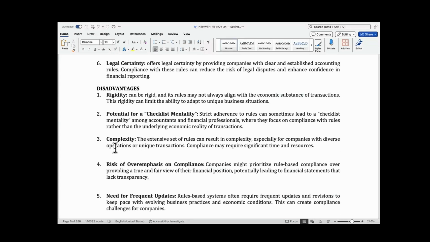And following steps can be complex. When you have a set of rules, it's tedious, especially for entities that have a lot of dynamic or diverse transactions or operations. It's a lot of work. And again, the emphasis might now be on compliance rather than on transparency or on a true and fair view. You just want to comply.